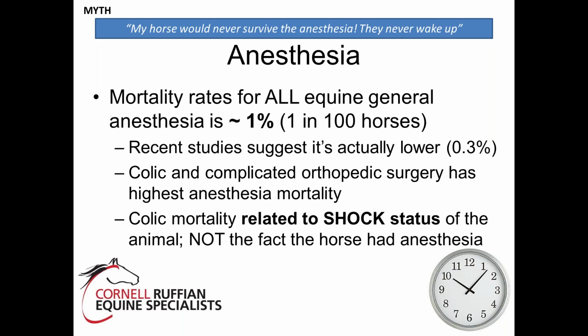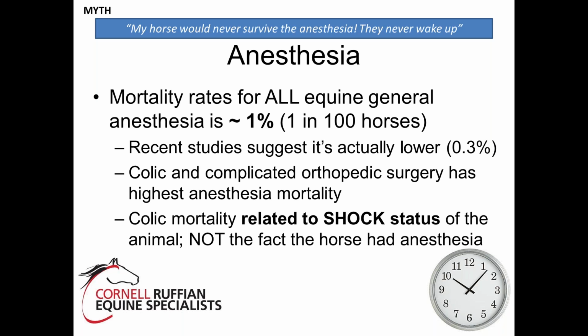That horse is not going to have an anesthetic mortality. Versus the horse that comes in with dark membranes, a really high heart rate, you can barely feel a pulse, they're cold, they're clammy, the gums look purple. That is an extremely shocky animal, and that's what really relates to anesthetic mortality.